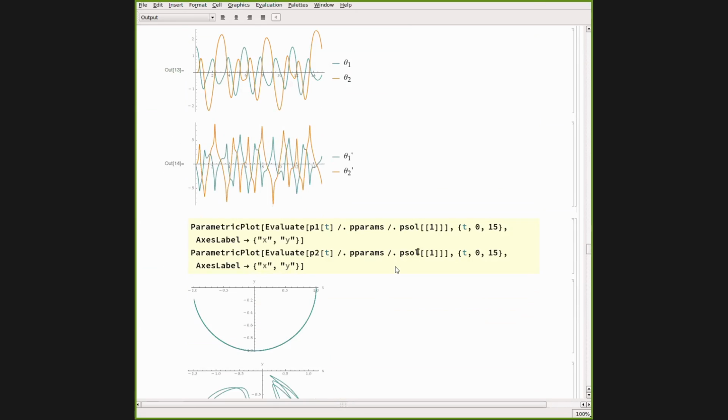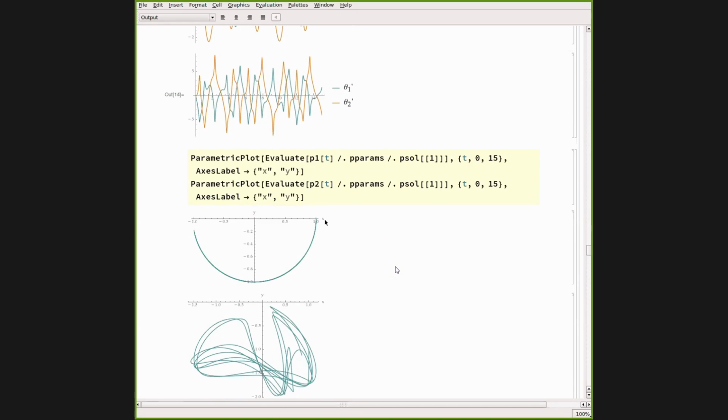Okay, so I'm substituting this solution, the first and the only one, and want to plot it in the time domain I have made the simulation. So you see that the first mass is moving on an arc, which is not quite surprising because it has to be an arc.